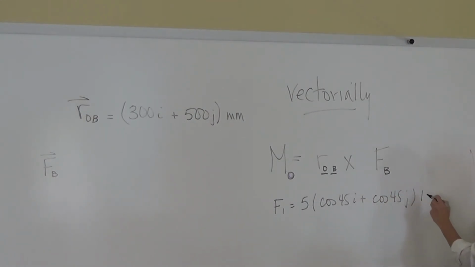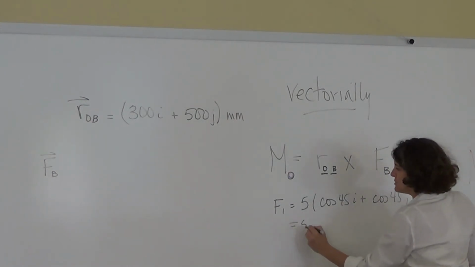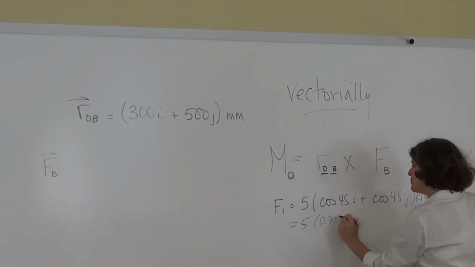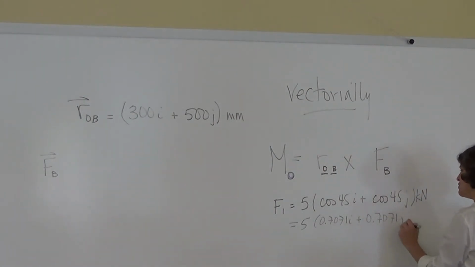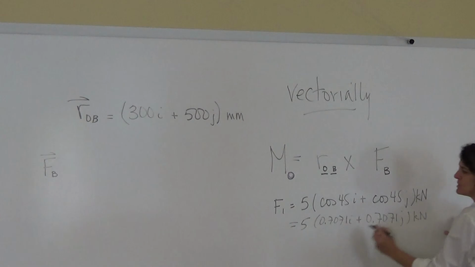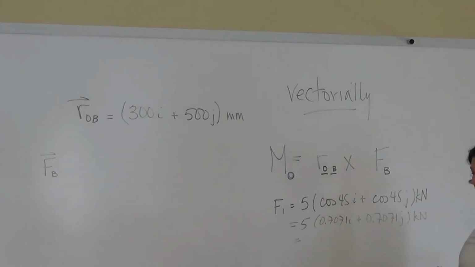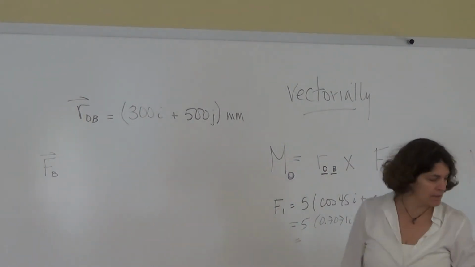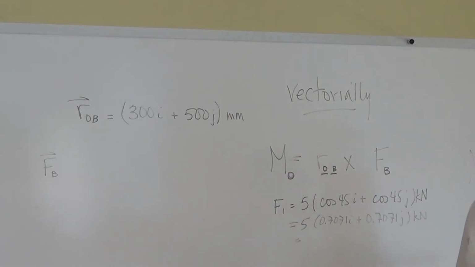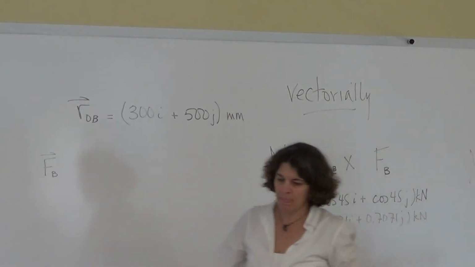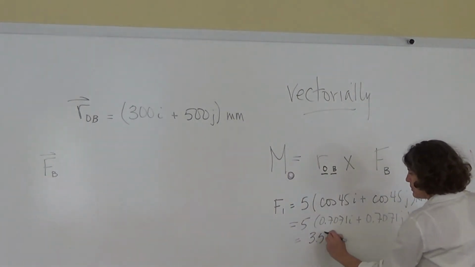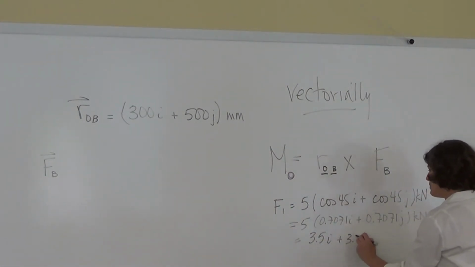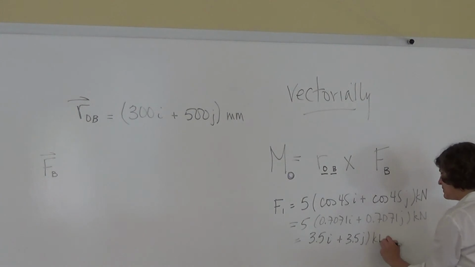Is it Newton or kilonewton? Kilonewton, which equals 5 times 0.7071 i plus 0.7071 j kilonewtons. It came out to be 3.5 i plus 3.5 j kilonewtons.